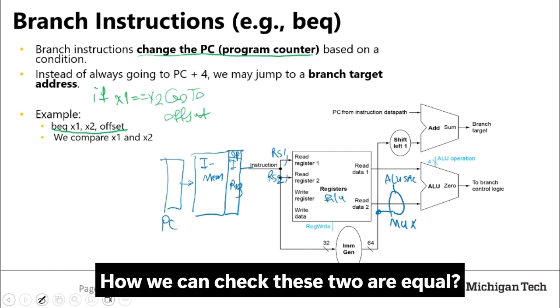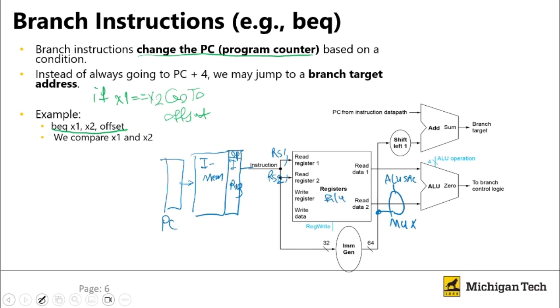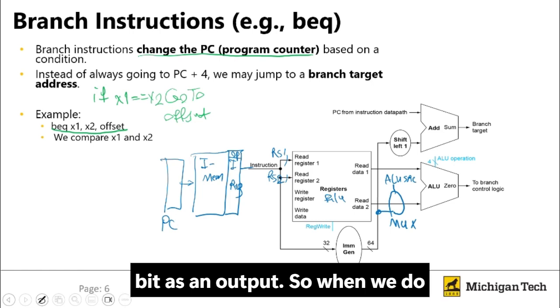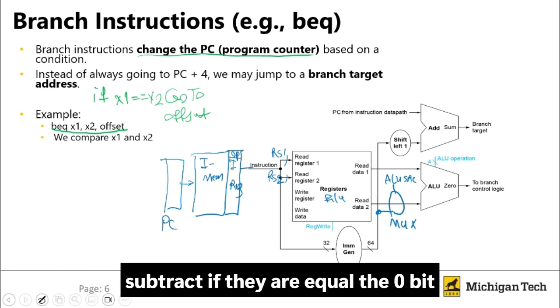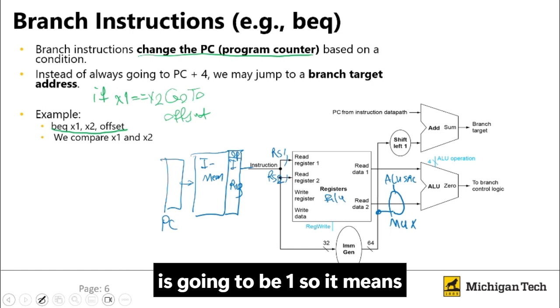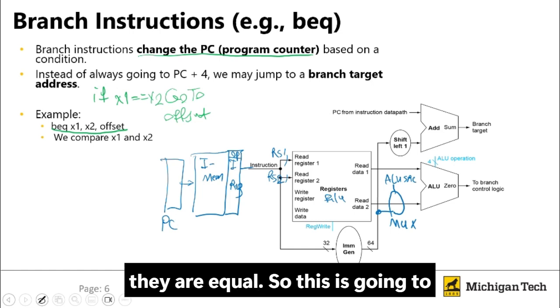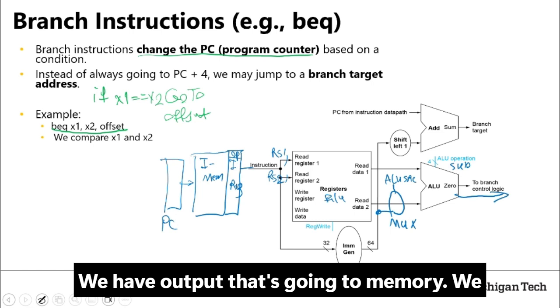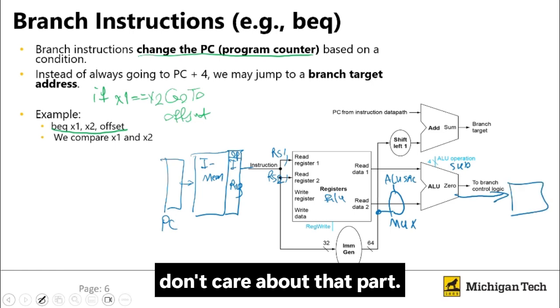How can we check these two are equal? We can do subtract, because we have a zero bit as output. When we do subtract, if they are equal, the zero bit is going to be 1, so it means they are equal. So this is going to do subtract. We have an output going to memory, but we don't care about that part.